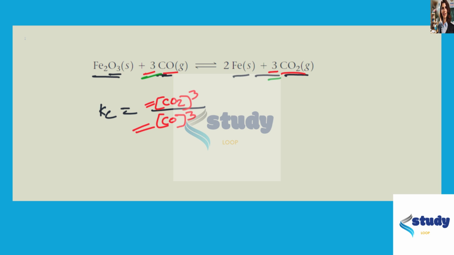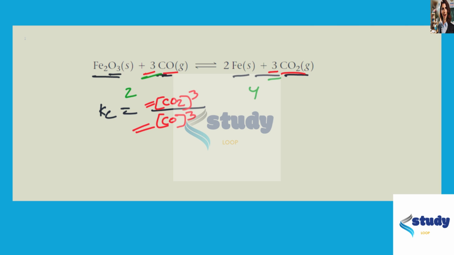Say, for example, we have four gaseous molecules on the product side and two on the reactant side. If we increase the volume, the equilibrium will shift in a way where there are more molecules present.